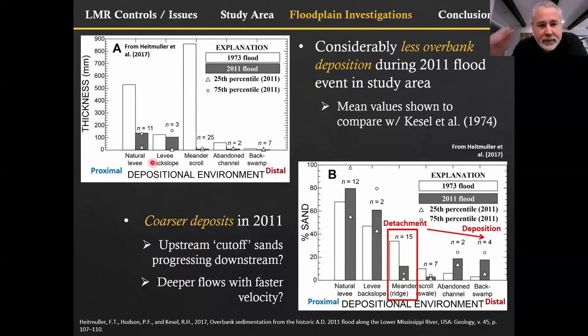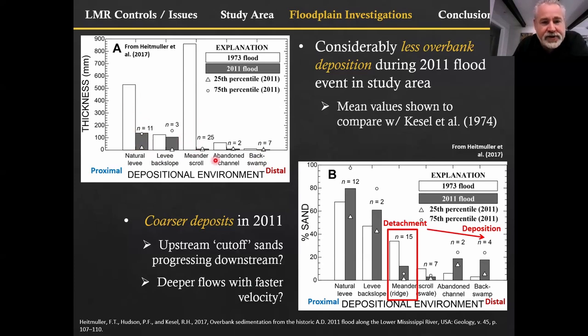So when we match and compare those two different samples, we note that there was considerably less overbank deposition in all of the environments. You can see natural levee, more proximal zones to the river, and back swamp zones more distal from the river. But thicknesses were considerably less in 2011 than a slightly lower magnitude flood was in 1973, in all cases.